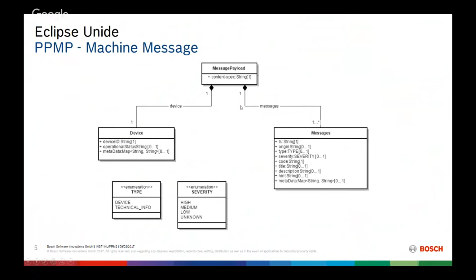So one of our PPMP messages is the machine message, and all the messages are structured like this one. You have a content spec where you have the identification of what the content of this message is about. In this case, this is the content spec of the machine message. And then you have an object, the device object. This is the device, maybe the sensor or a station or a machine, which sends this data.